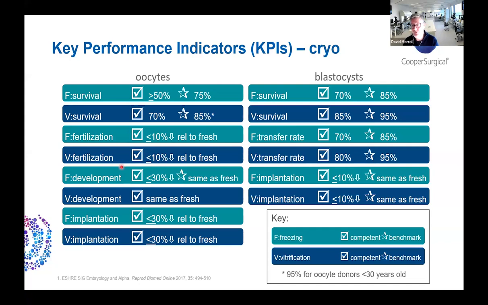But essentially, these two documents are giving us a great overview of what we should be expected to be getting from the average laboratory if we're competent, and it's giving us target values if we consider that we're operating at the high end of outcomes.